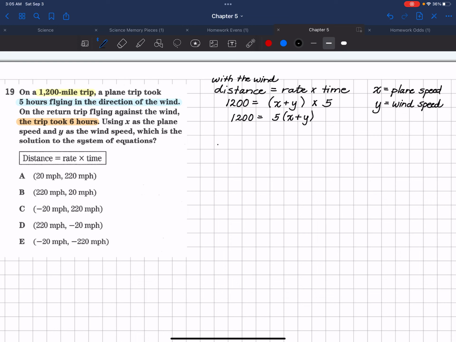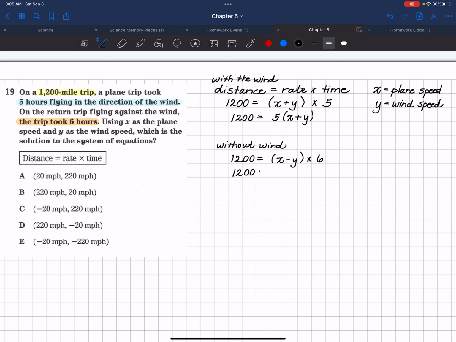And then if you're going against the wind or without the benefit of the wind, the distance didn't change. You would have the plane speed minus the wind speed because you don't have the benefit of the wind. And you have 6 hours because you're going against the wind, so there's more resistance.